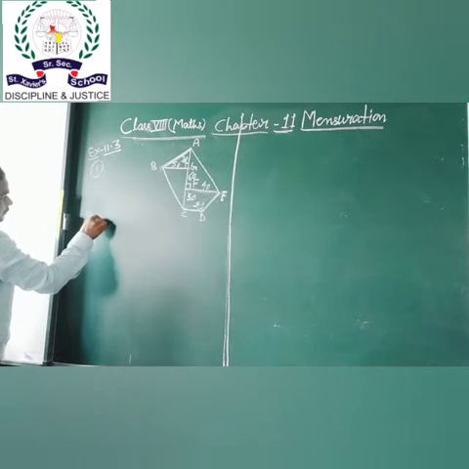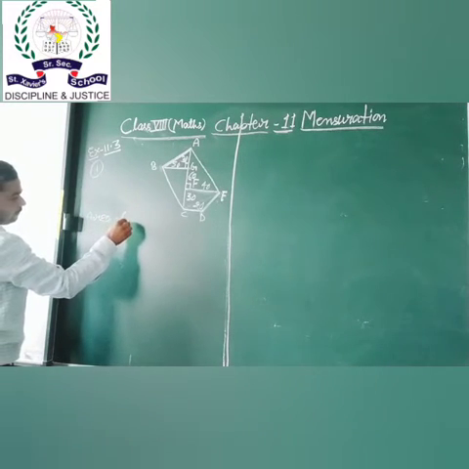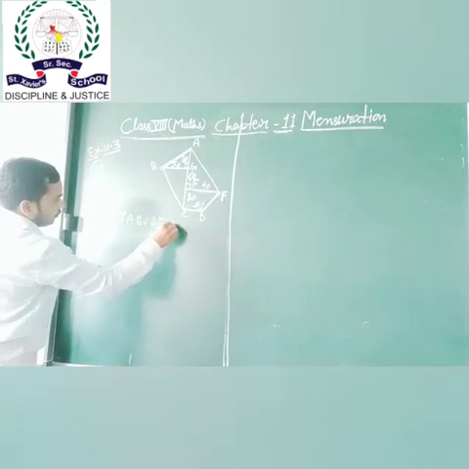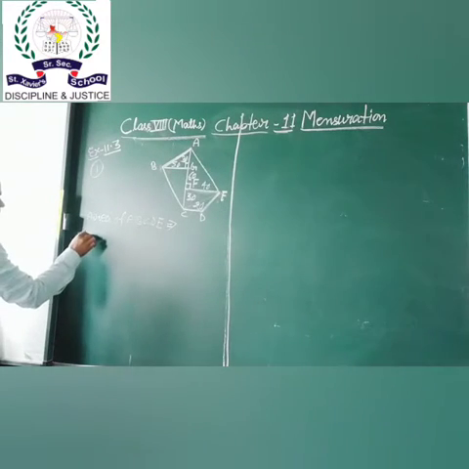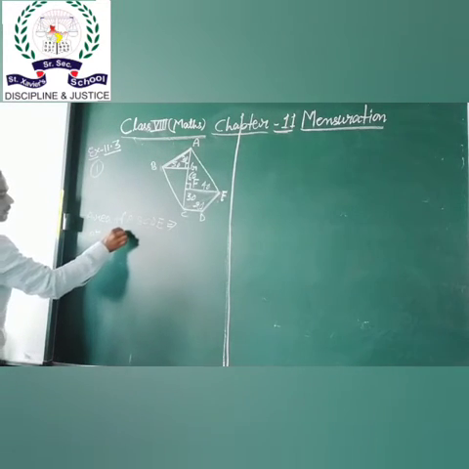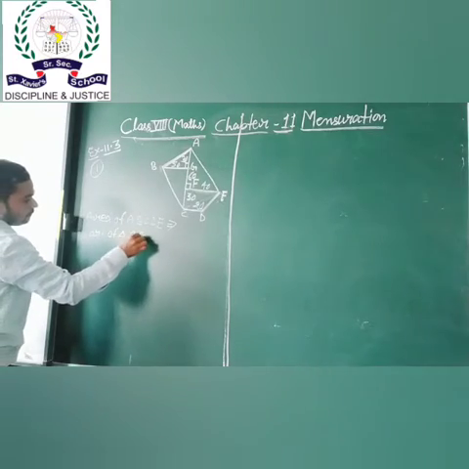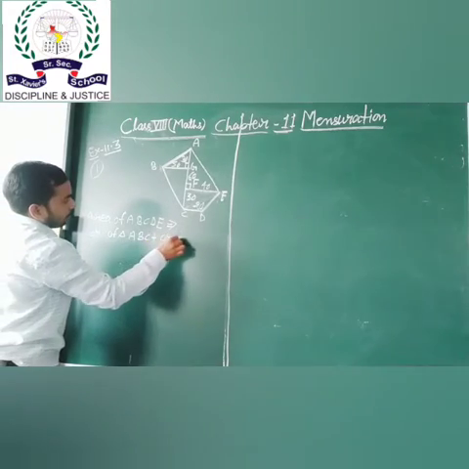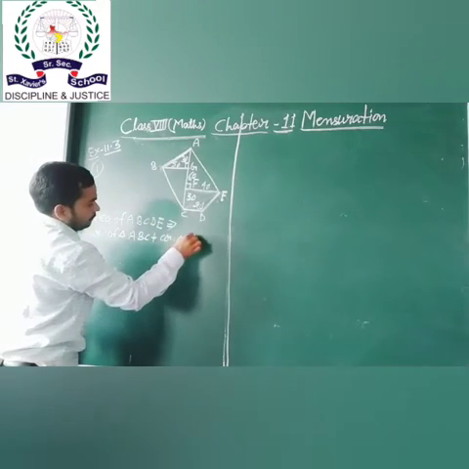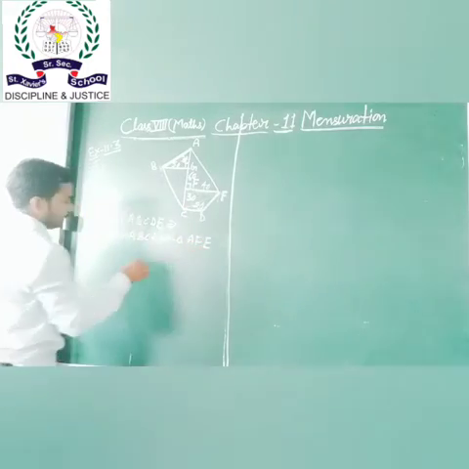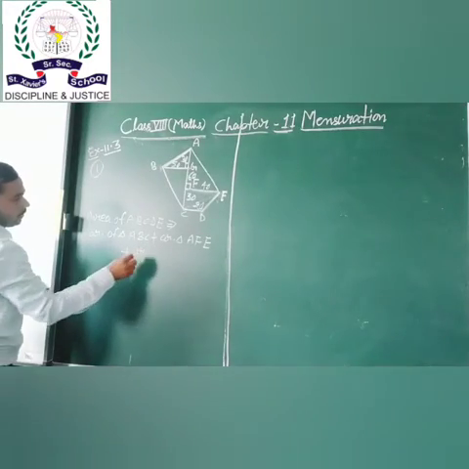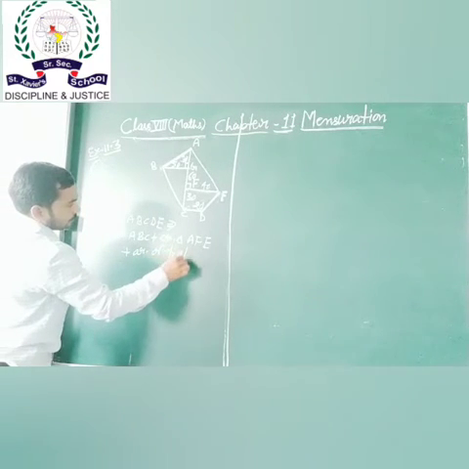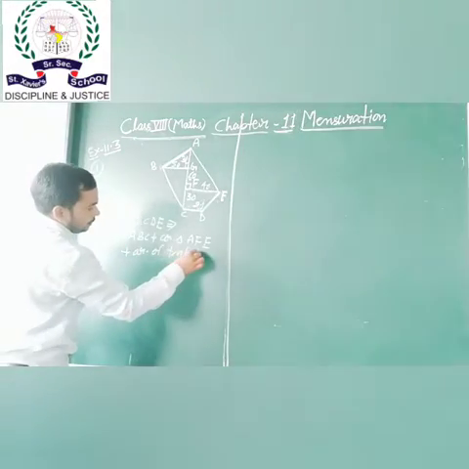So area of ABCDE equals area of triangle ABC plus area of triangle AFE and plus area of trapezium FCDE.